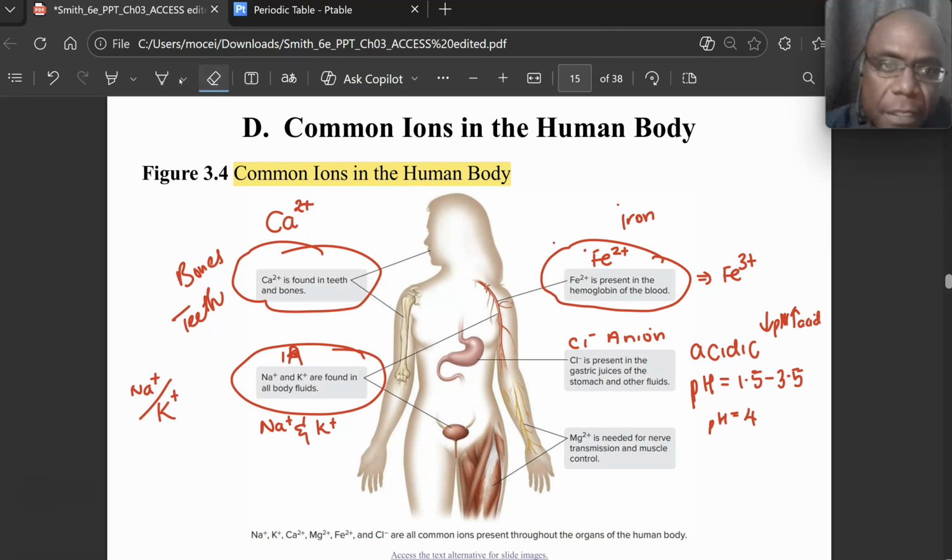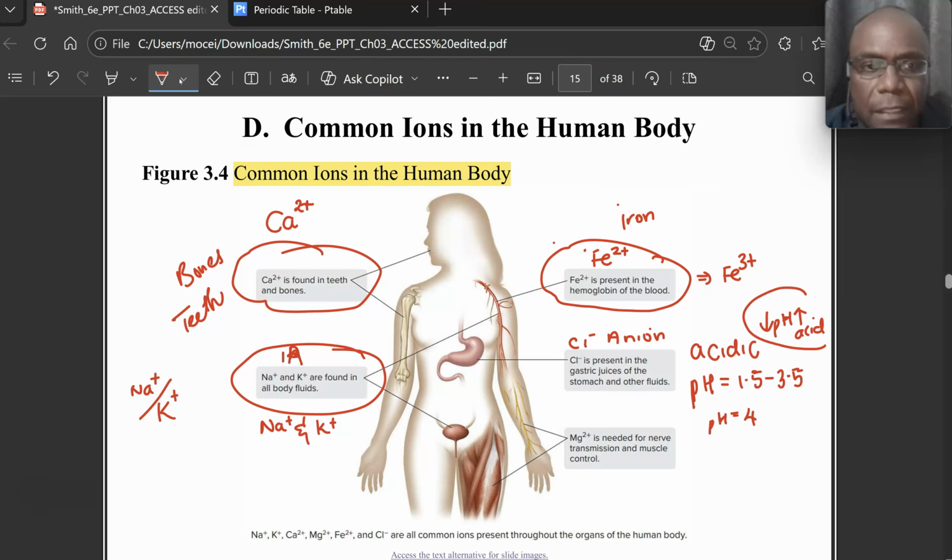So inside our stomachs, we are acidic. The acid present in our stomach usually is HCl that can ionize to give you H plus and Cl minus.